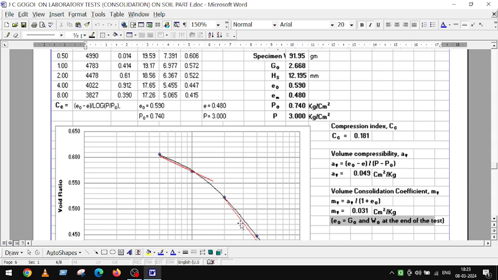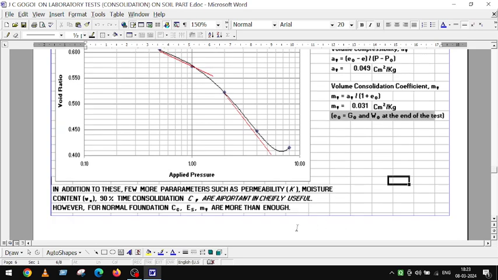This red line is during unloading, it is coming down, and it is also coming down because it originally comes in this way. At this point it is here, and at this point it is here. So using this, we can calculate anything.